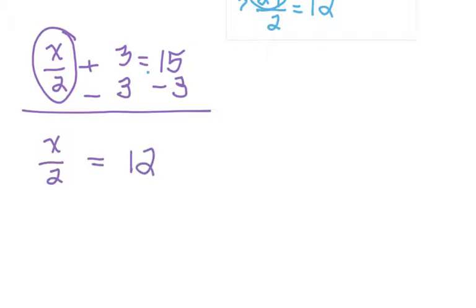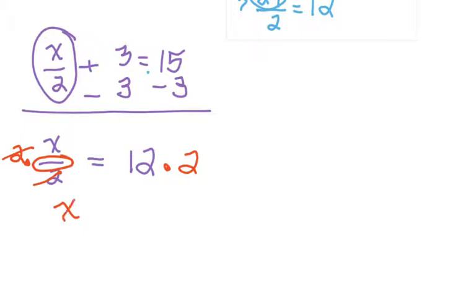Now, in this case, you're going to see that I'm dividing x by 2, so I can use the inverse operation of division and use multiplication. So if I multiply both sides by 2, what that means is 2 divided by 2 is 1.